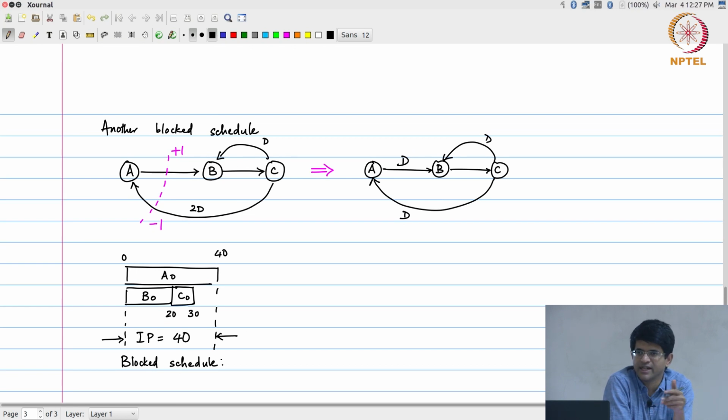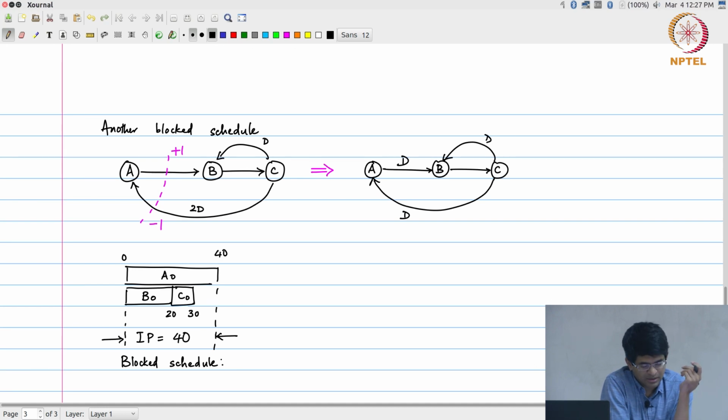That was the structure that we identified over there. But on the other hand, by doing a simple retiming step over here, I could convert it into a blocked schedule where I did not have to worry about whether two iterations were overlapping, whether I had to do two of them in the first place. I could just concentrate on one, right, and get the entire thing operating very compactly like this.